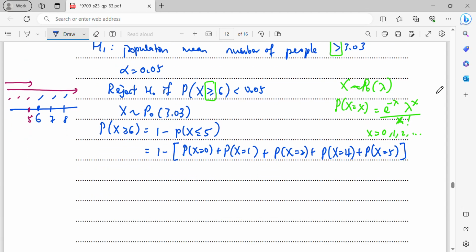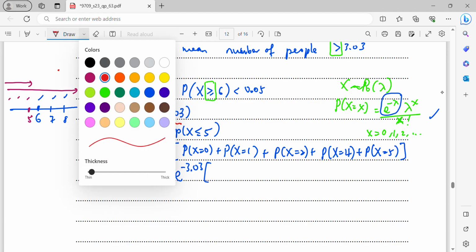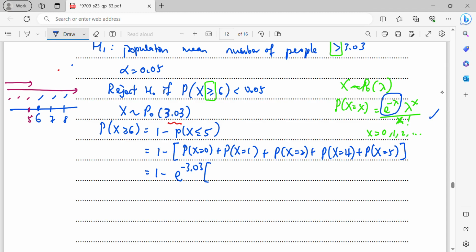Using the same method, this e to the negative lambda is a constant, therefore I will just factorize it. It will be e to the negative 3.03, because my lambda is 3.03. Now the first term: 0 factorial is 1, and any number to the power 0 is 1. So I write 1 plus, then when x equals 1 it is the number itself over 1, which is 3.03.